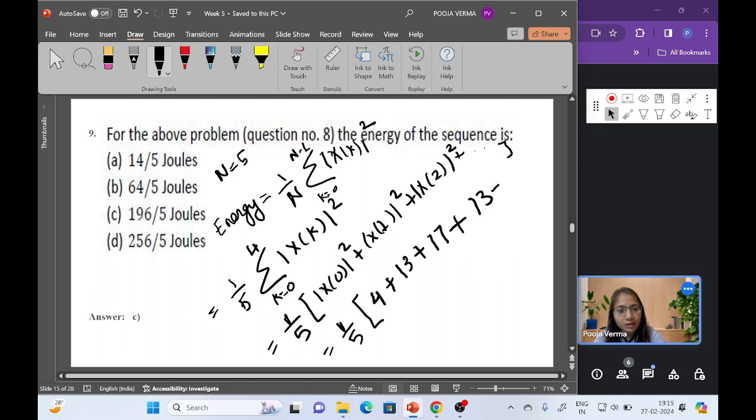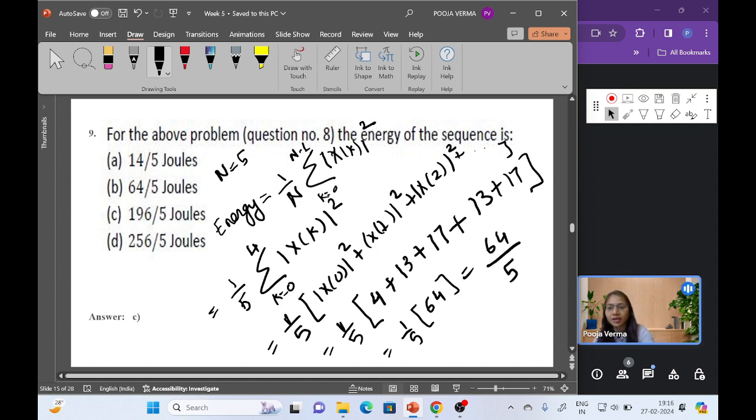So 13 plus 17 only. So 1 by 5. Just calculate this. 30, 30 plus 60, 64. So 64 by 5. So the correct answer would be B only. So here the answer was wrong. This is the correct answer, 64 by 5.